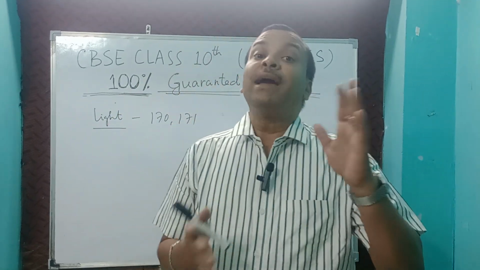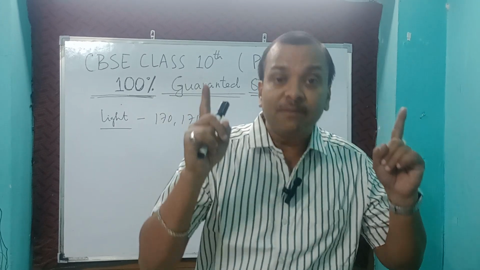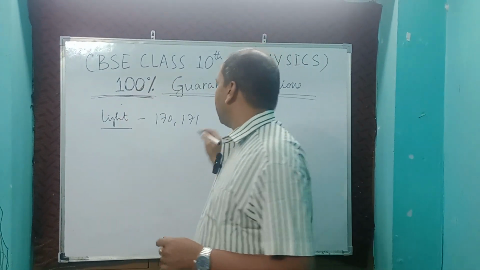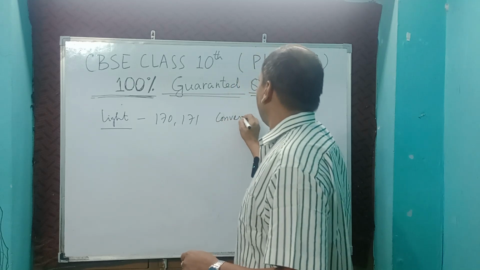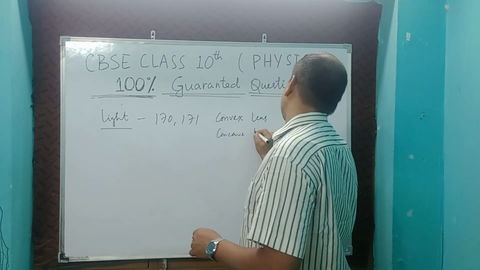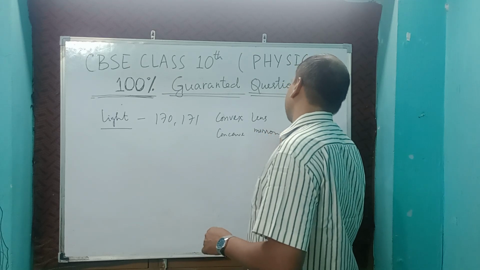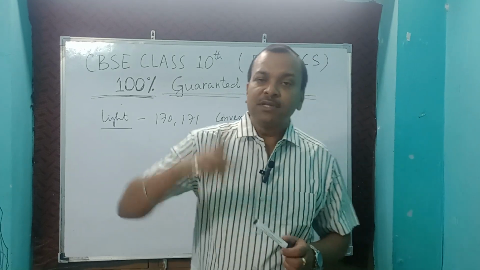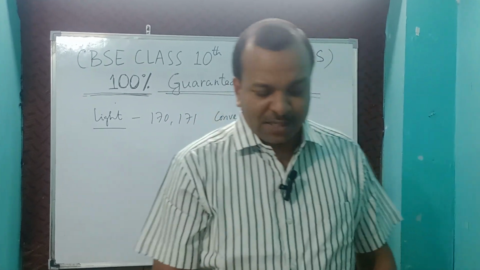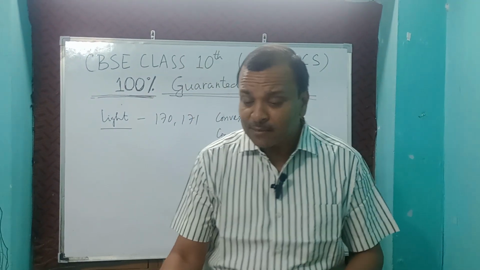Also find the magnification. One question from magnification can also come from convex lens. Convex lens, concave mirror, you are getting one question. Clear? Sure, 110%.